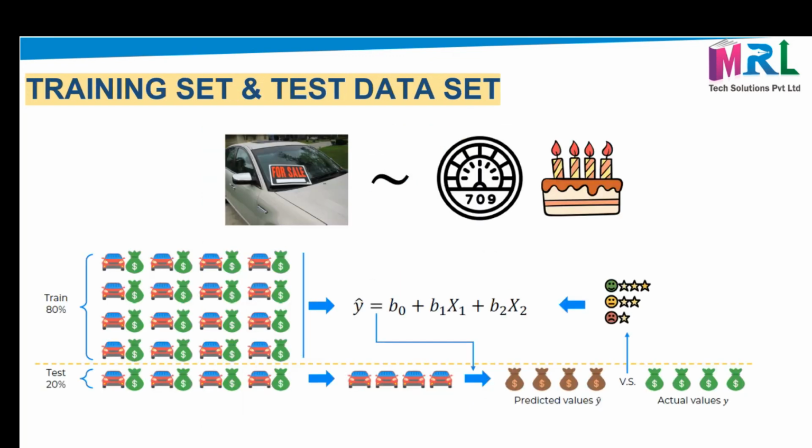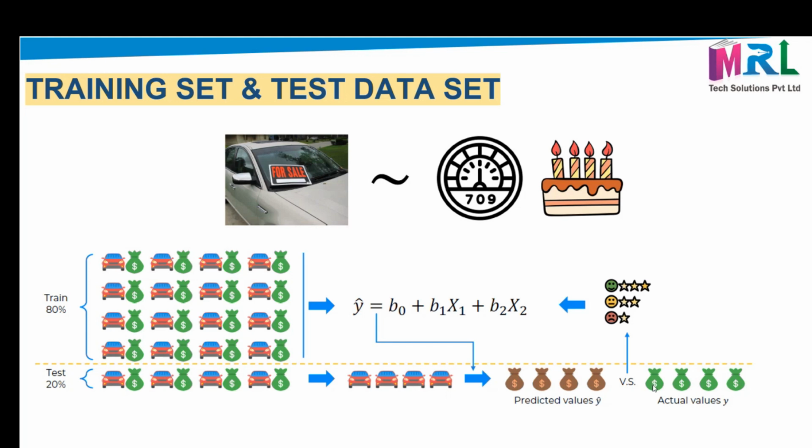Training set and test set is your complete data. That means your data has been separated into two: for training 80% and for testing 20%. This 80% is given for learning and the remaining 20% is given for testing. We are going to give only the values and it will predict the price.